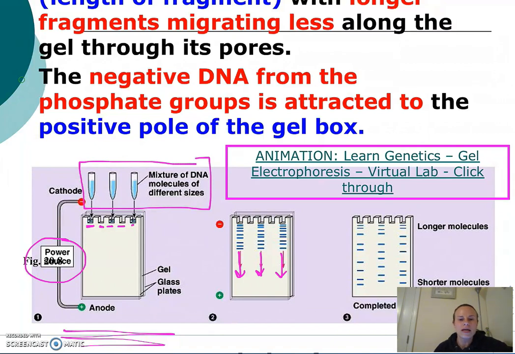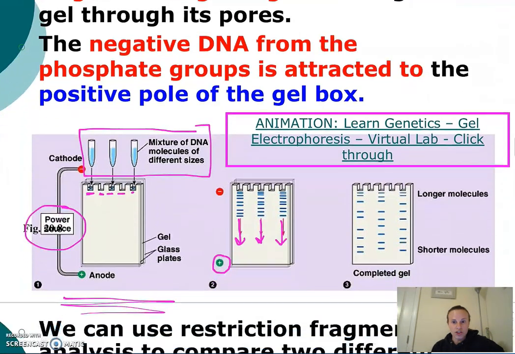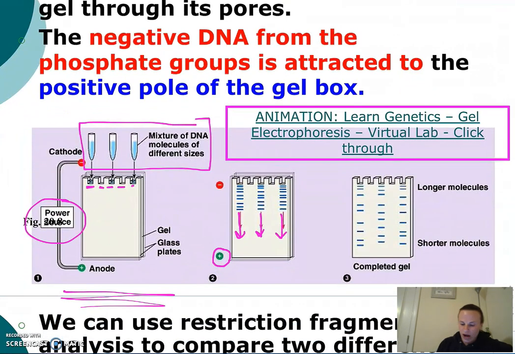The reason they migrate down the gel is because the bottom of the gel is positively charged. Remember, DNA contains a phosphate group, which is negatively charged. So that negative phosphate group wants to move towards the positively charged end of the gel, where the shorter fragments, the shorter molecules, are going to travel further down the gel.